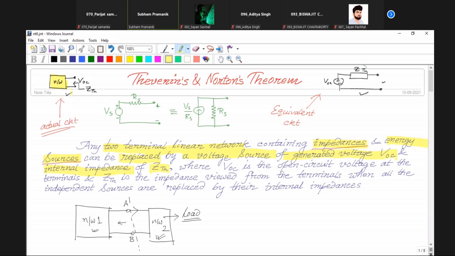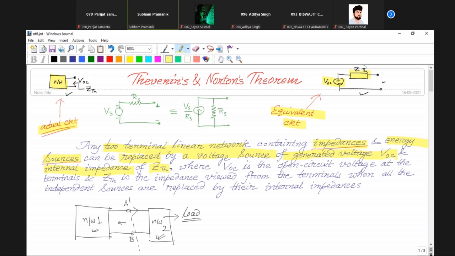That means a circuit like this, which has only 2 terminals here, and you don't know about the internal construction of that black box. What you can do, then if this is your actual circuit, then an equivalent circuit can be obtained for that black box, which has a voltage source VOC and an impedance ZTH.